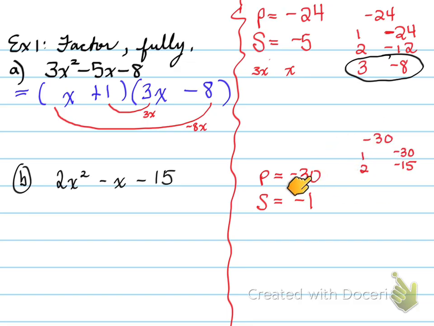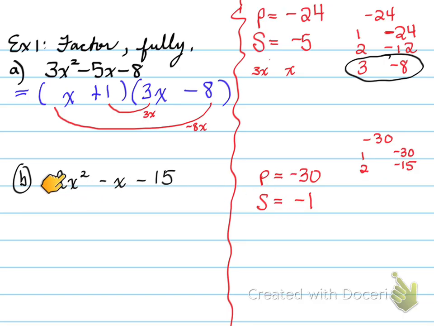Where are you getting those numbers from? Well, let's go back here. Negative 30 is here, and that's my product. So I need to find all the numbers that multiply to give you negative 30. Negative 30 means that one number is positive, one number is negative, and my sum has to be negative. Therefore, my larger number will be negative. That's where I'm getting it.